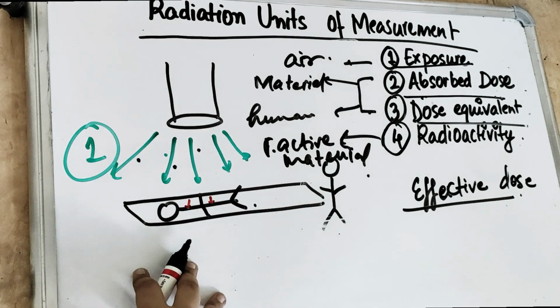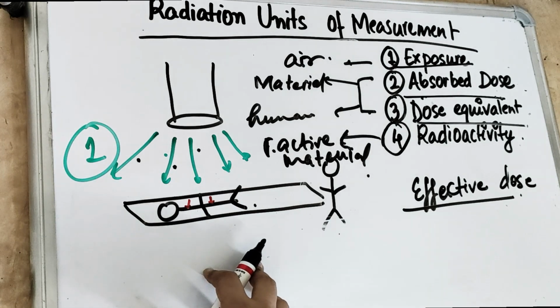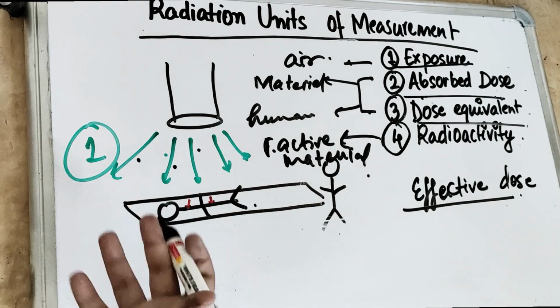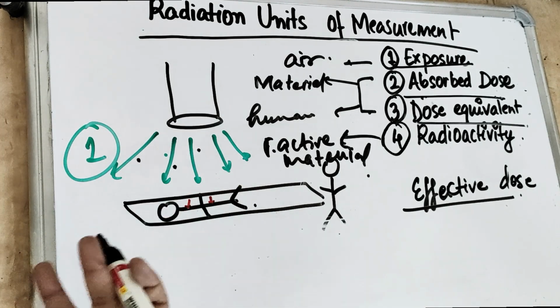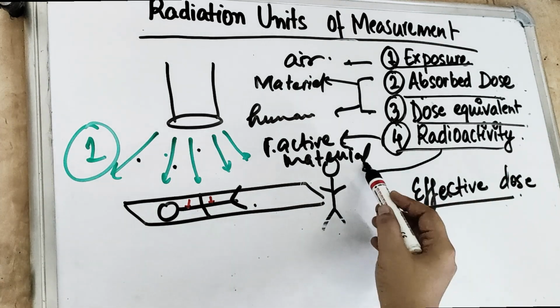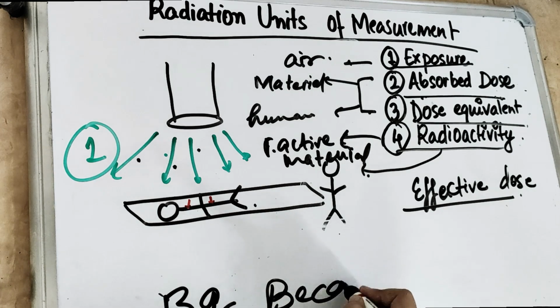Any radioactive material which is going into disintegration, into decay, and is emitting radiation, how radioactive that material is, is its radioactivity. That is measured in becquerel. So the SI unit is the becquerel.